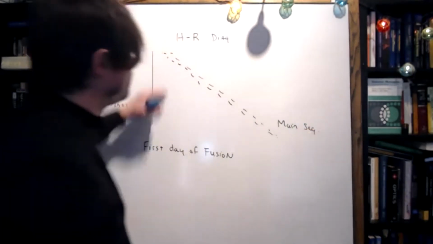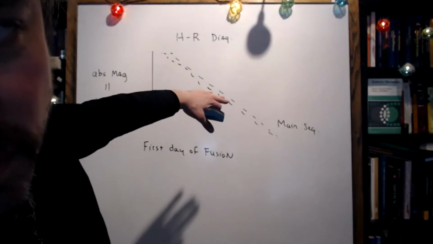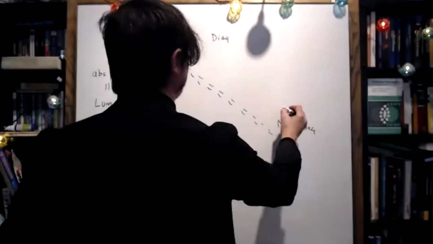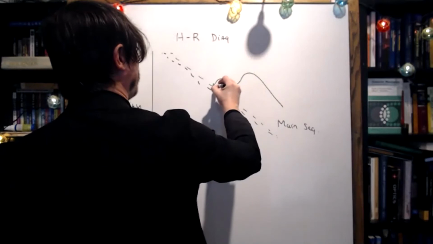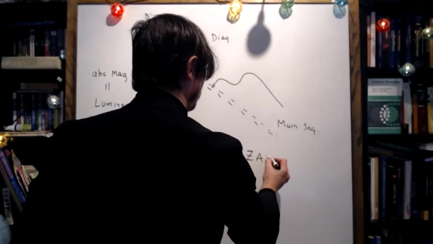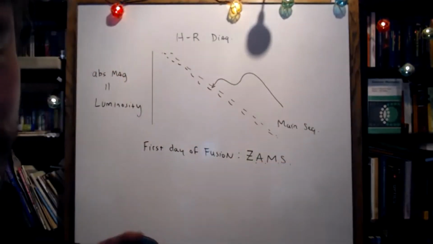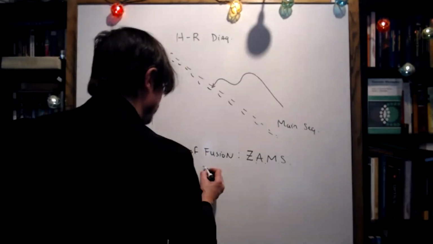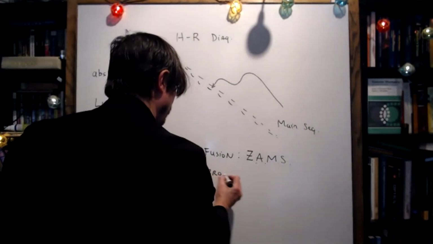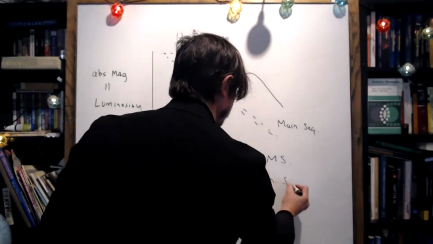Remember, the main sequence is where most stars are found in the universe because most stars are undergoing hydrogen to helium fusion. And that day, when the star ends up in the main sequence, we call it ZAMS. I used to hate this when I was a student, but now I understand why it needs to be talked about. ZAMS stands for Zero Age Main Sequence.